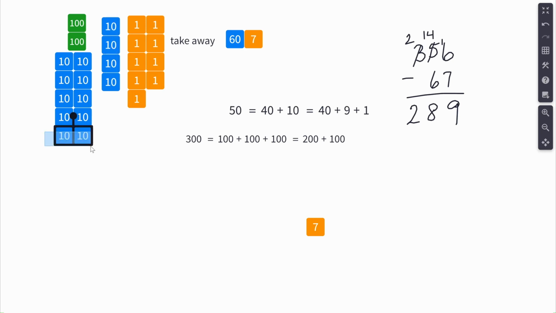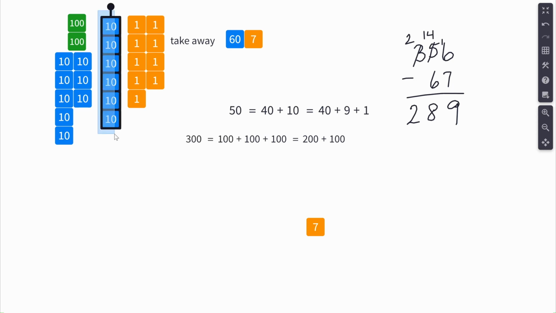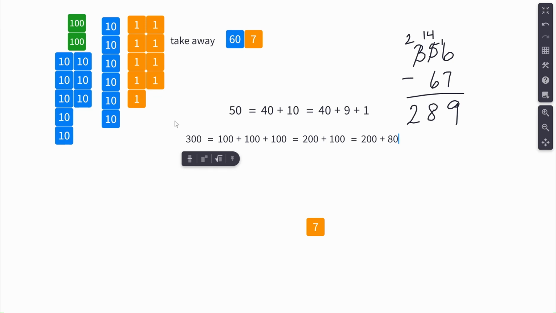I need 2 of those tens to come over with these others to make 60, to take those away. So now I have broken this into 200 plus 80 plus the 2 tens I moved over, so plus 20. And I've regrouped this.